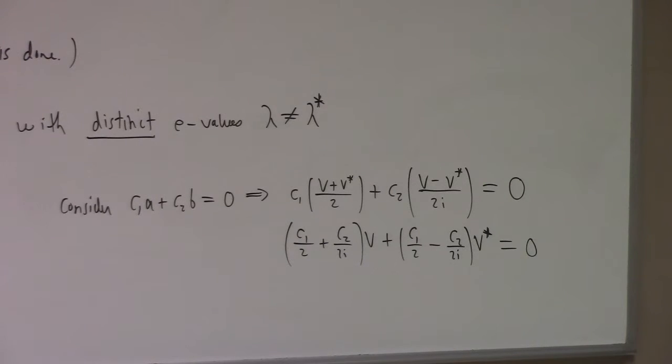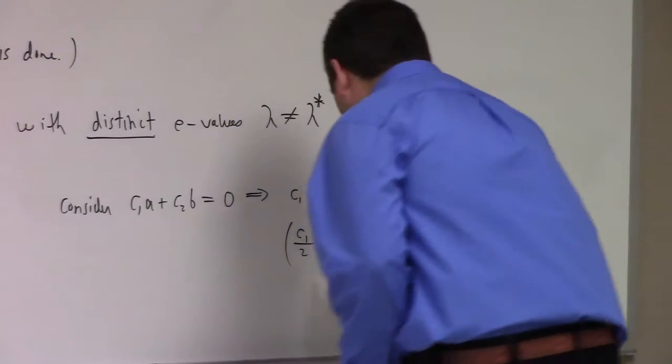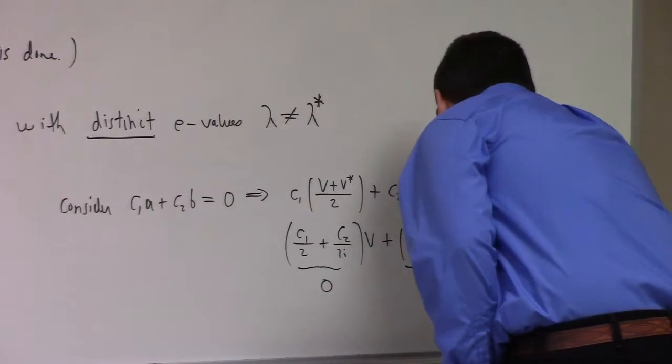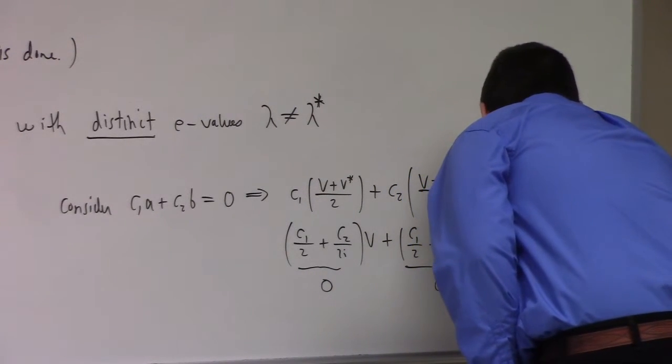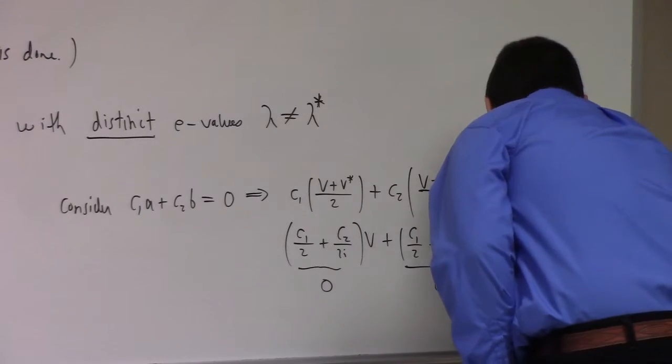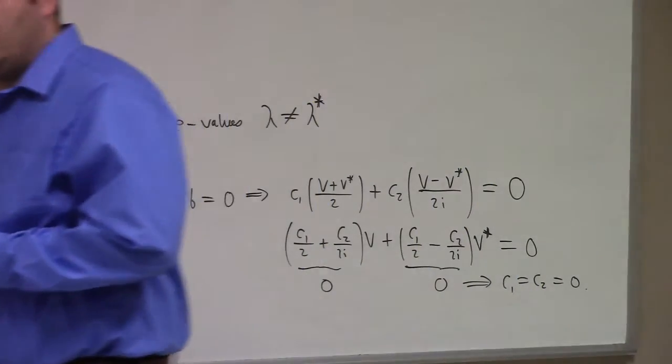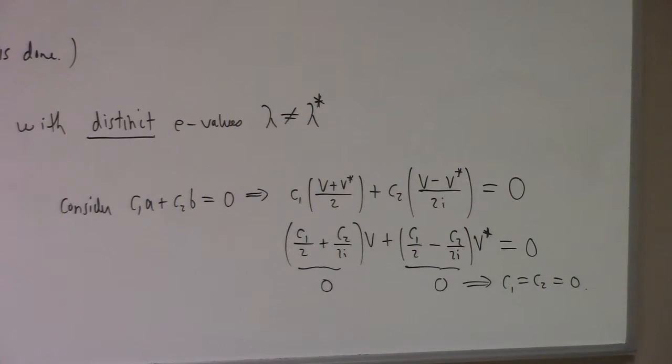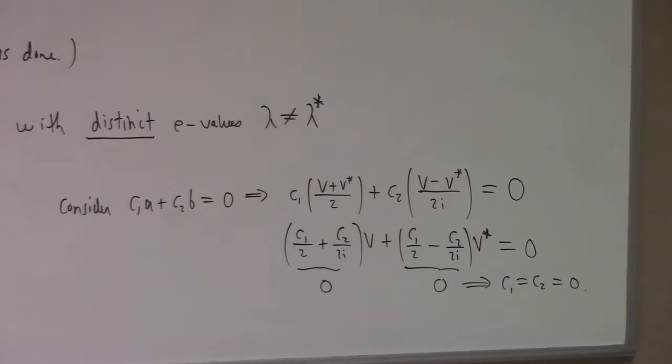And you can easily solve those two equations in two unknowns to imply that c1 equals c2 equals 0. Consequently, a comma b is linearly independent, as I claimed. So it's a basis, and so my calculation in green up there made sense.